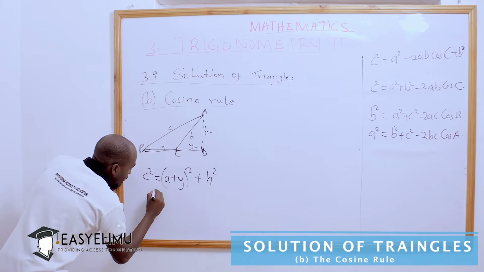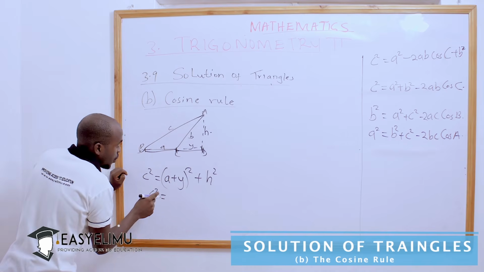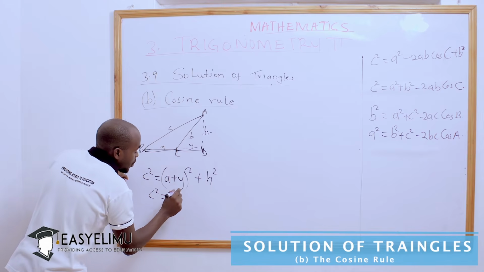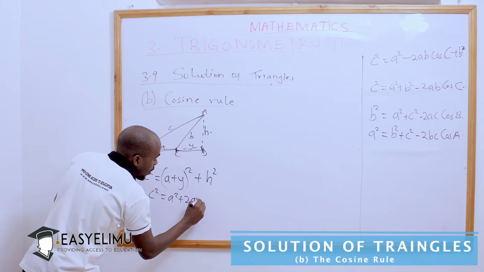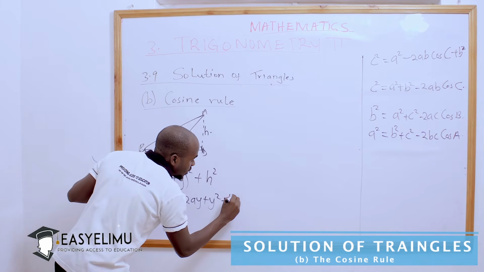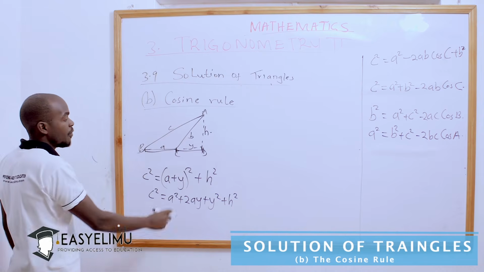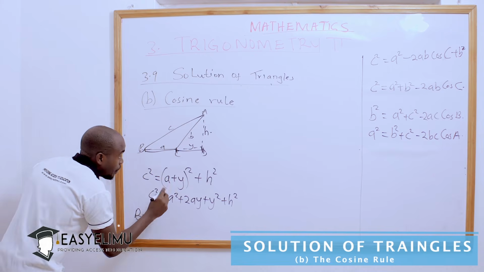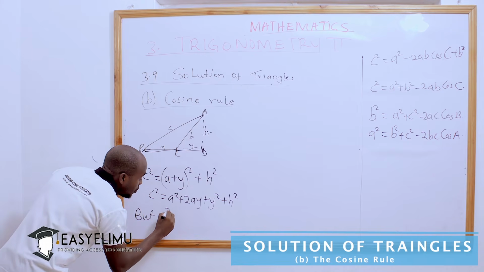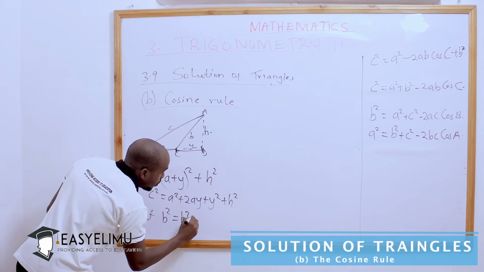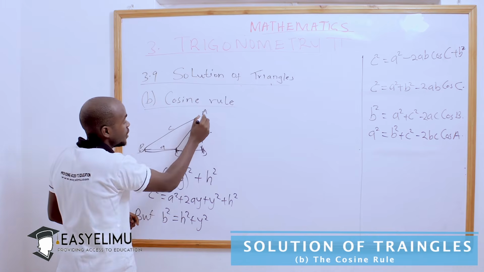Now on expanding, I'm going to have C squared is equal to A squared plus 2AY, then plus Y squared plus H squared. But remember, to find B here, by Pythagoras theorem, you will find that B squared is equal to H squared plus Y squared from this triangle here.